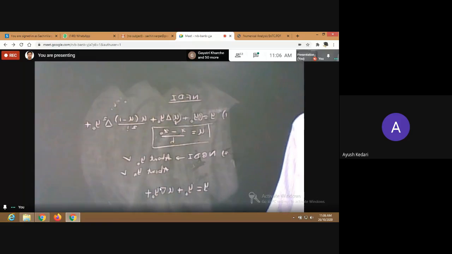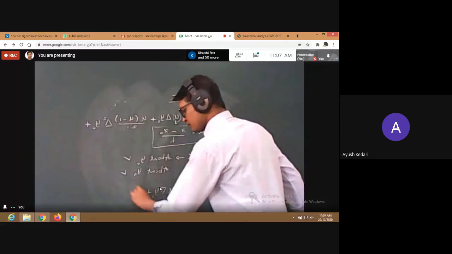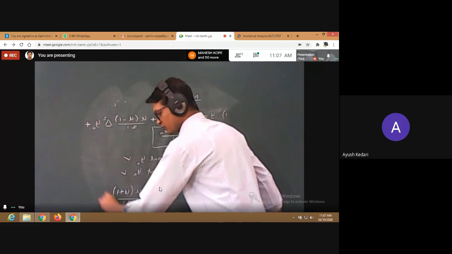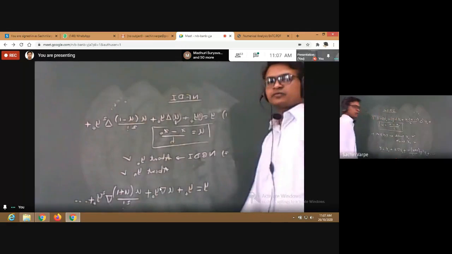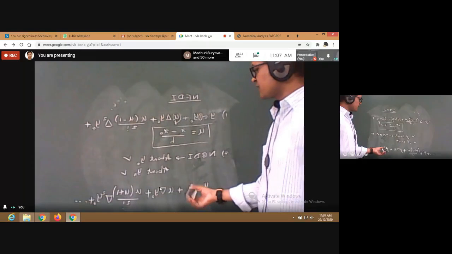u into u plus 1. Here it was u minus 1, right? So u into u plus 1 upon 2 factorial del square y naught plus and so on. So here all the terms are positive, right? Where the negative terms are, I think the alternate plus minus signs are in the next formula.